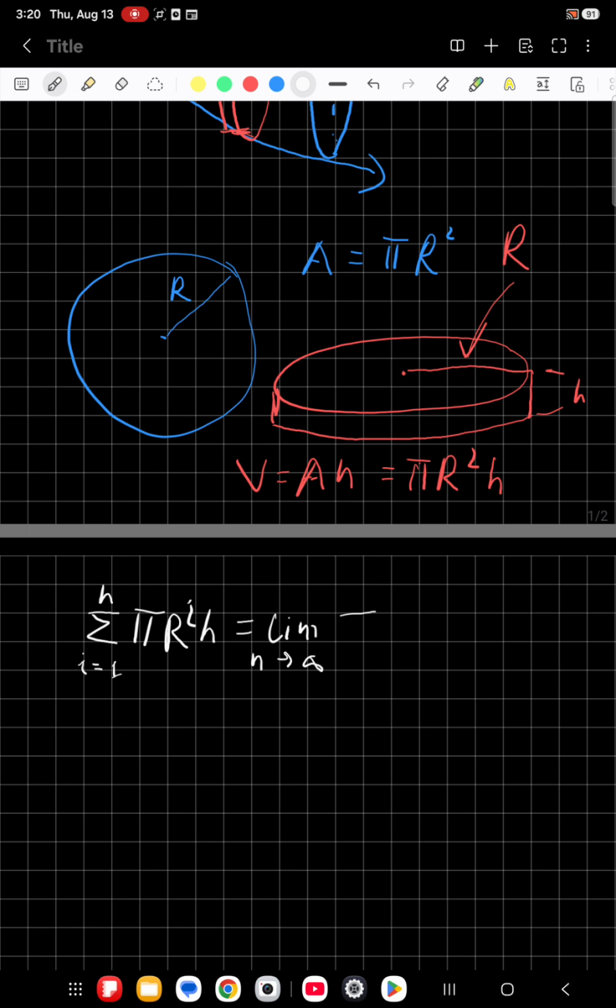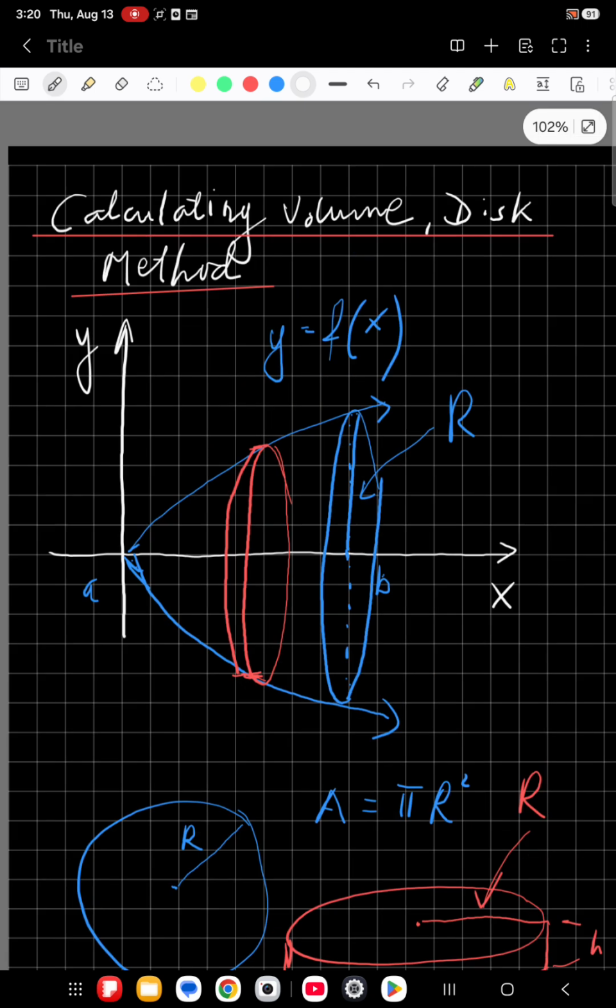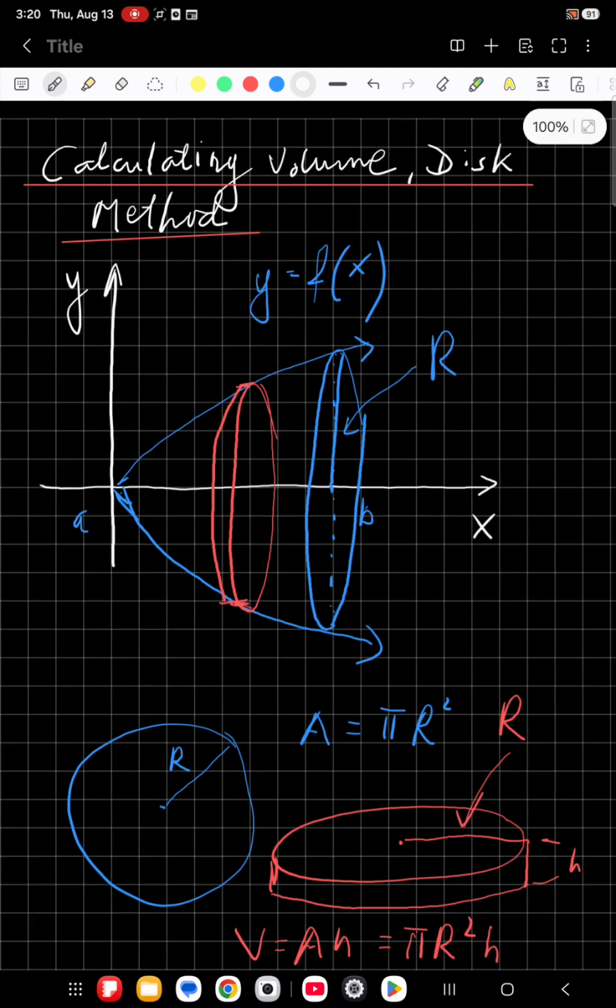Then I have that summation, again from 1 to n. And then instead of just writing that pi r squared, I'm going to write A. So it's going to be a function here, because that radius is going to be changing according to this function, y equals f of x.